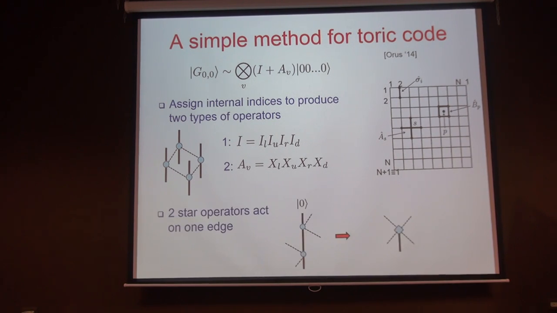So to get the toric code tensor network description, what you simply take is just insert a 0. This is what you start with. For each edge, you have a 0, and then inserted into that, there could be two star operators acting on one edge. For this edge, there's a star operator here, there's a star operator there. This describes the action from the right, this describes the action from the left.